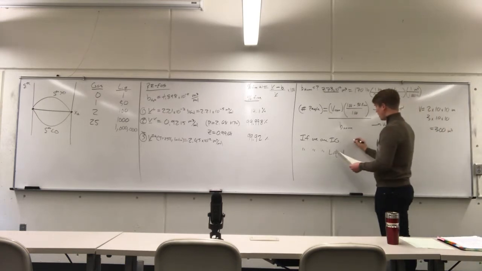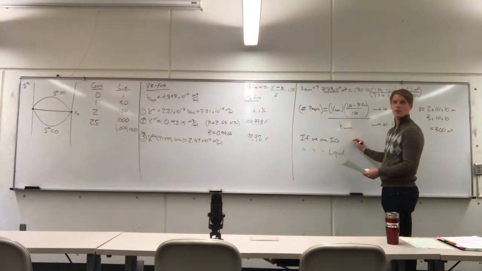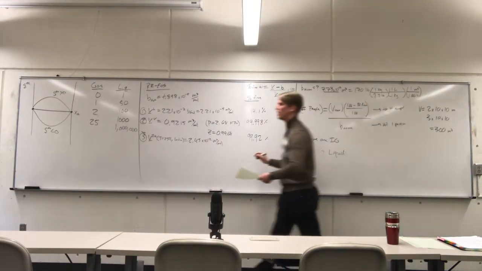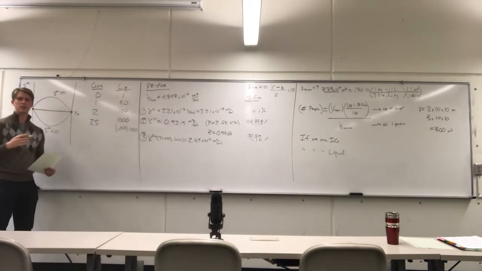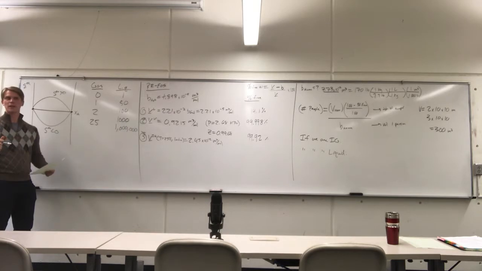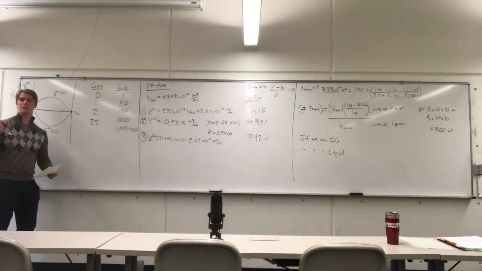So if we are an ideal gas, who's confident? Let's vote. We all have another chance to vote here. How many people say there's 0? How many people say there's 1? I'm going to keep doing this until I get people to actually vote. 2.